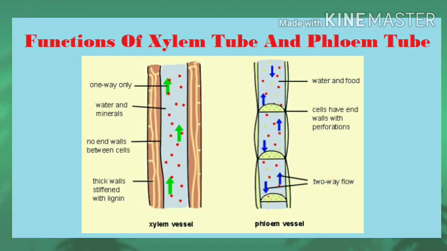So xylem carries water and minerals from the soil, and phloem carries the food prepared in the leaf by photosynthesis into all the parts of the plant. So that was about Pteridophyta. The most common example of Pteridophyta is fern. So this was all about the 3 divisions of subkingdom Cryptogam.